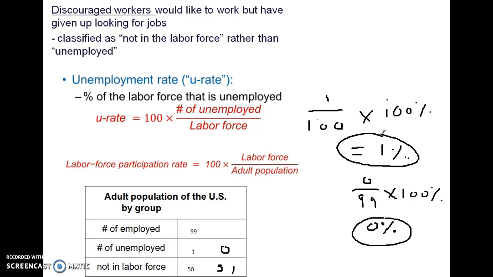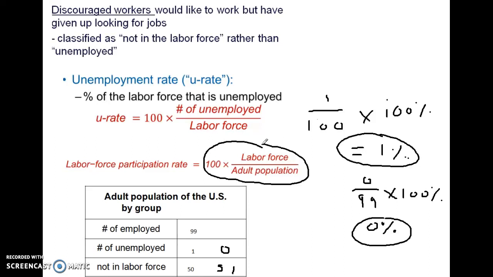Now, this kind of goes to show you why you should use the labor force participation rate and the unemployment rate together. Let's look at how the labor force participation rate is calculated. Looking at how it's calculated, when this person gives up, the number of adults in the population isn't going to change, but the labor force has gotten smaller. So what will happen is when this person gives up, the labor force participation rate will fall.